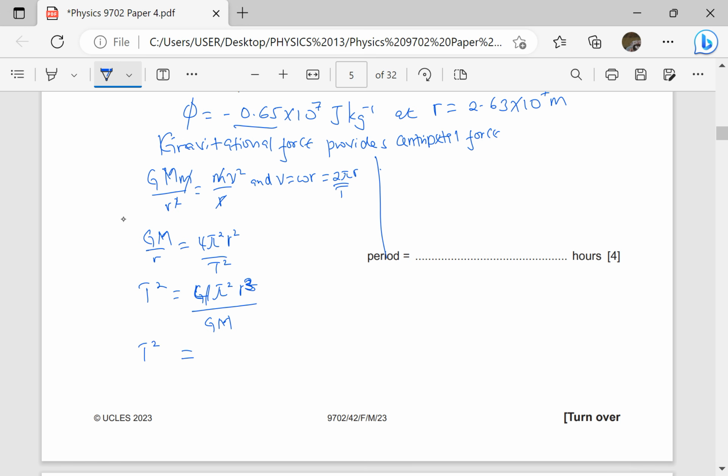T squared is going to be 4 pi squared times r, let me first leave r, I'll check it again, over G, which is 6.67 times 10 power negative 11, then times 2.55 times 10 power 24, because this was the mass that we obtained.